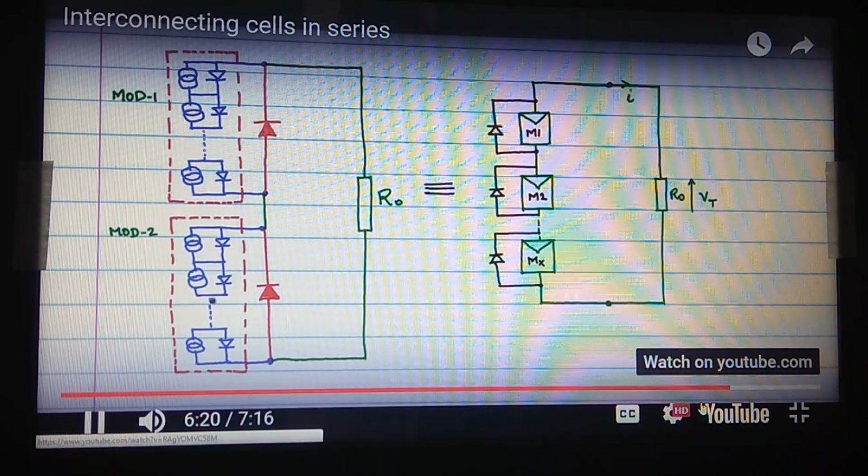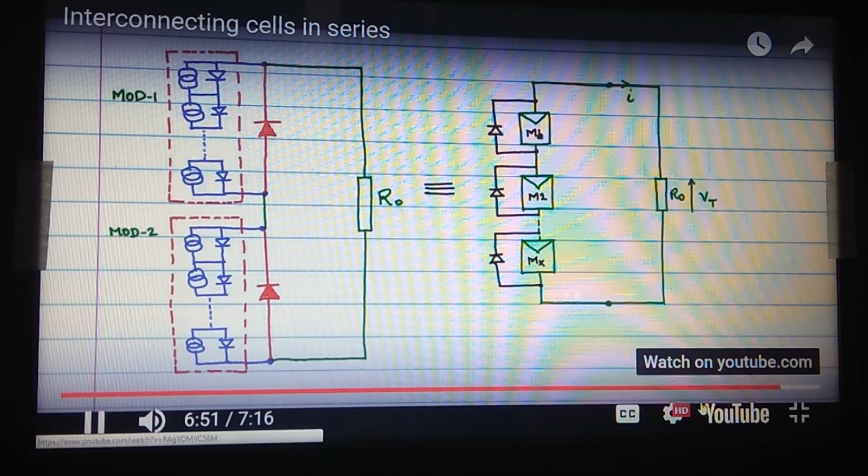These PV cells in series, these modules, can effectively be represented in symbolic form like this. These are modules M1, M2, Mx, and so on, and each of these modules has many PV cells connected in series. And these are the protective bypass diodes, connected across in this fashion such that they protect the modules whenever the modules try to become sinks.